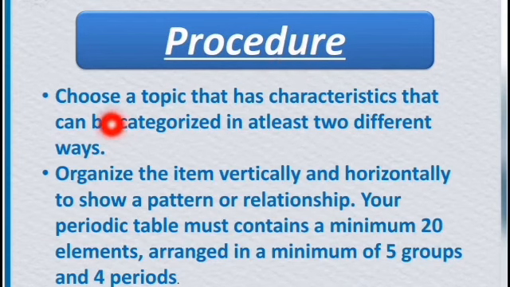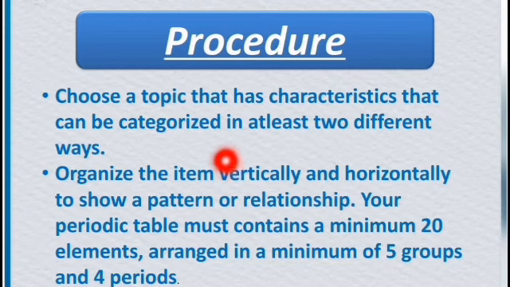Procedure: first of all, students, you have to choose a topic that has characteristics that can be categorized in at least 2 different ways. Like, you have to select a topic: dates, color, cost, company, brand, size, or any physical and chemical properties that can divide the subject into various groups and periods.